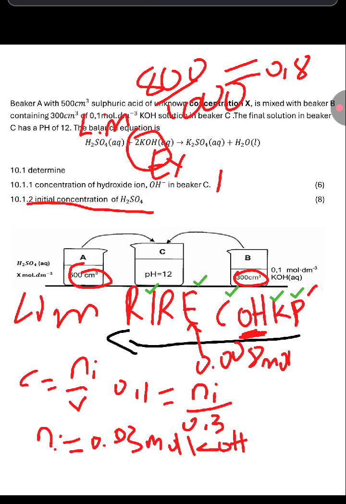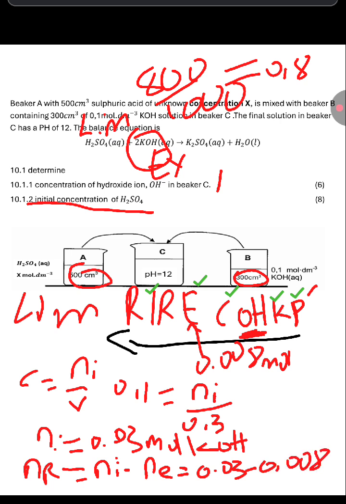So we're going to say now the number of moles that reacted is equal to the initial number of moles minus the excess number of moles, which is equal to the initial number of moles, 0.03, minus 0.008.